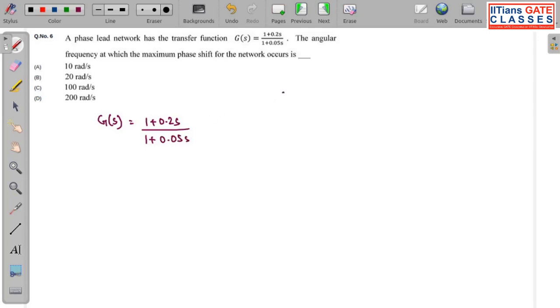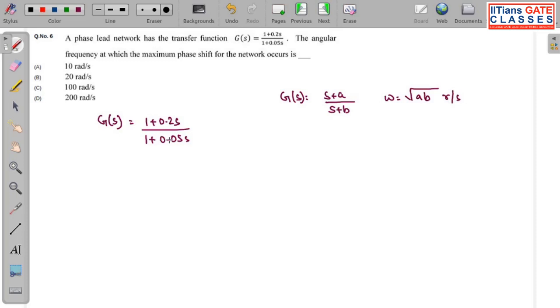We know that for a transfer function with such structure, the angular frequency at which maximum phase shift occurs is omega equal to the square root of ab radian per second. We know this thing.